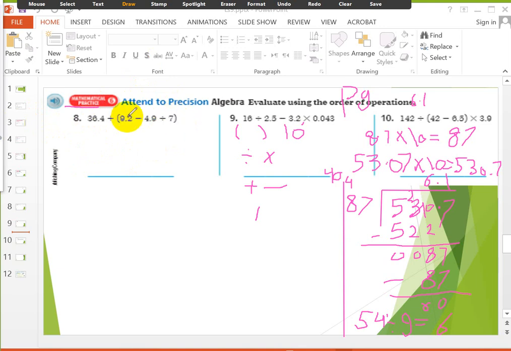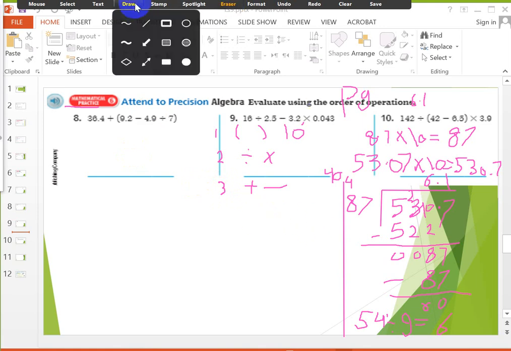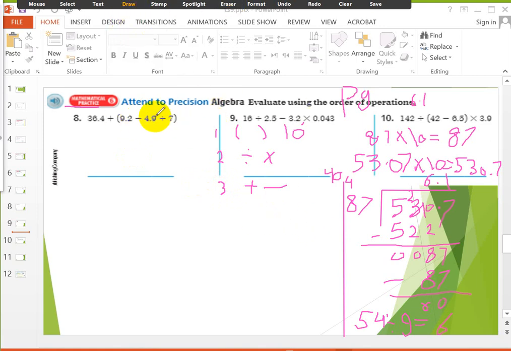Now between parentheses I have subtraction and I have division. So which one will I start with, division or subtraction? Division or subtraction? No, I have to start with division. Yes, because look, I have to order the operations in math.